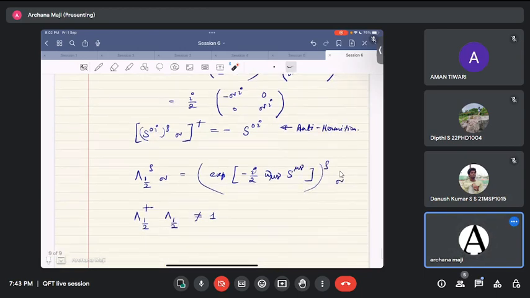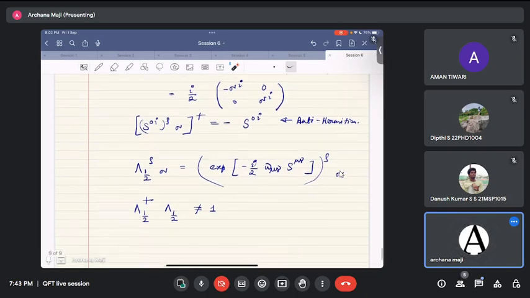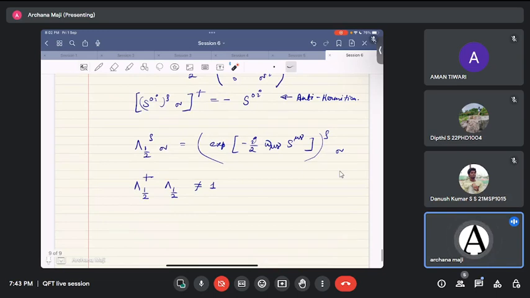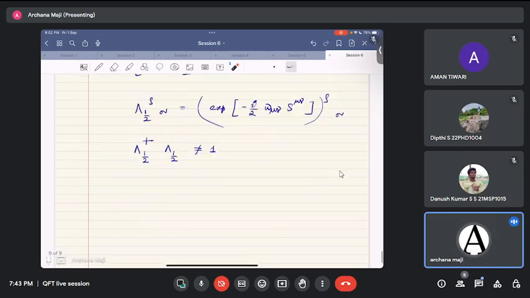If the generators corresponding to boost were also Hermitian, then you would have gotten plus i here, and S mu nu dagger becoming S mu nu, and then this lambda half would have become a unitary matrix. But that is not the case.